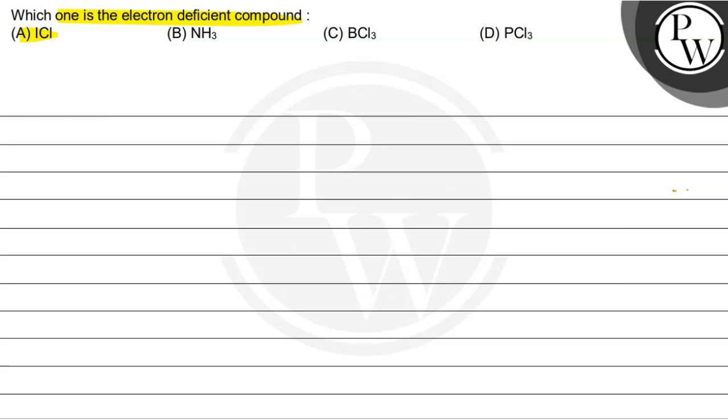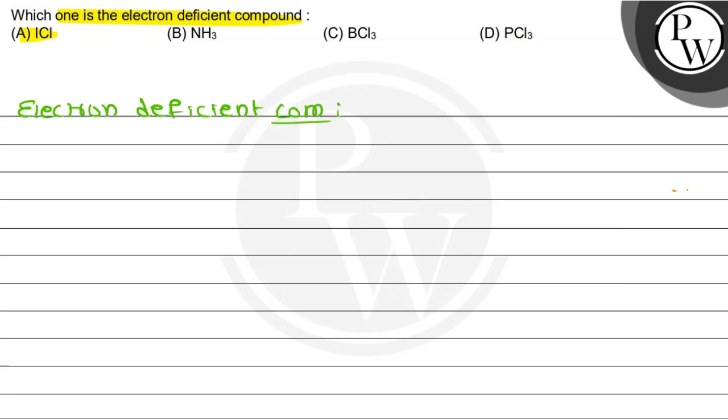So, the key concept in this question: what is meant by an electron deficient compound? An electron deficient compound is a compound having deficient electrons.